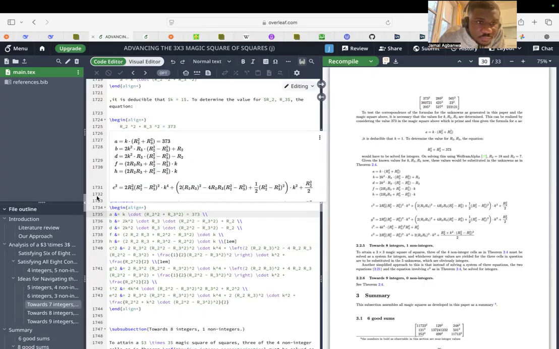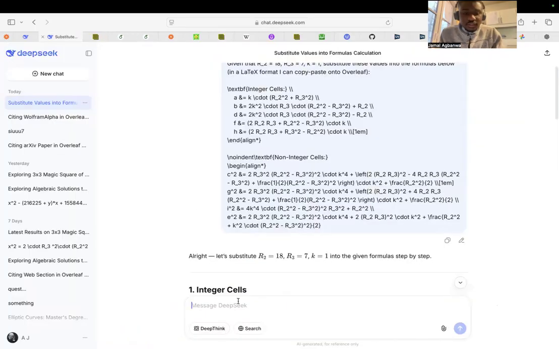Okay, let me ask something. Is there a LaTeX way of using the absolute sign? Let's see.